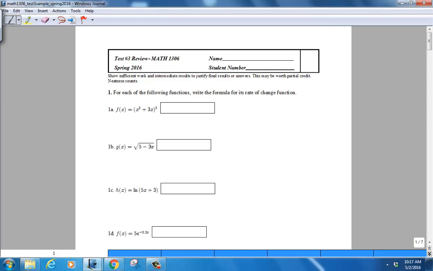And remember, if that shows up on test number 3, the first thing you're going to want to do is rewrite that square root as a fractional exponent, okay? So don't forget that. There's not much we can do with square roots in calculus. We have to convert those to fractional exponents. And you know how to convert square root to a fractional exponent. It means 1/2 power, okay?